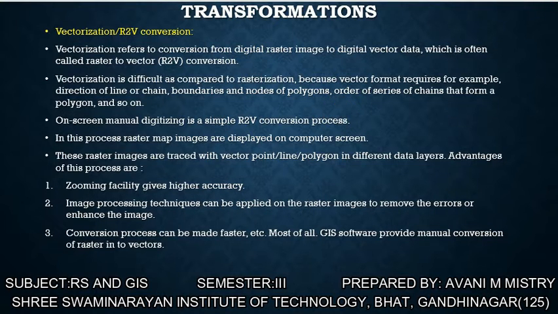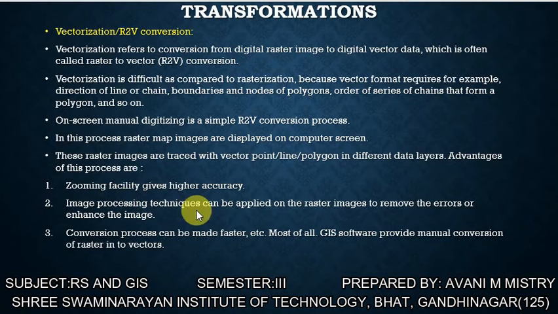On-screen manual digitizing is a simple R2V conversion process. In this process, raster map images are displayed on the computer screen. These raster images are traced with vector points, lines and polygons in different data layers. Advantages of this process are that the zooming facility gives higher accuracy.